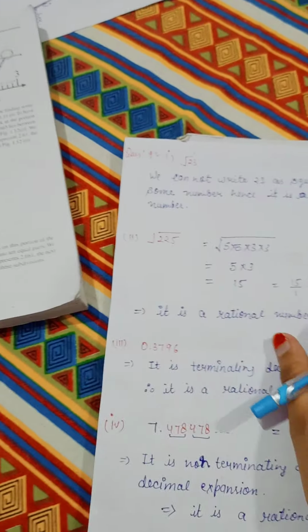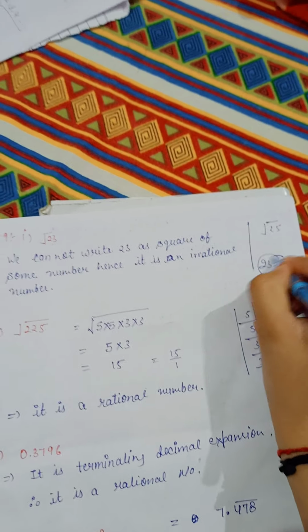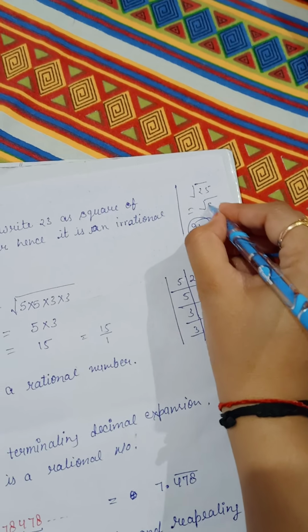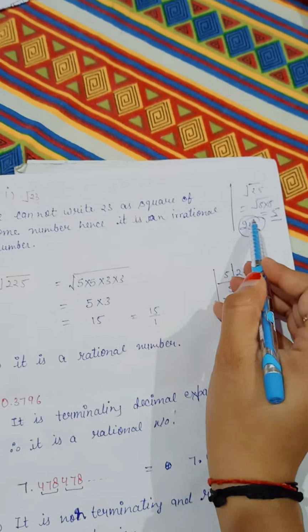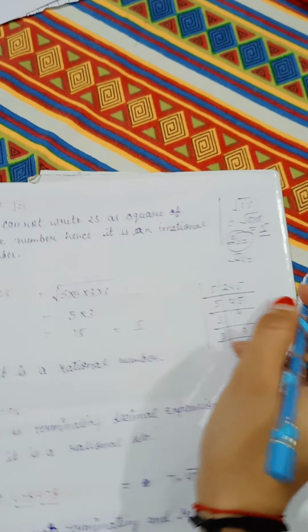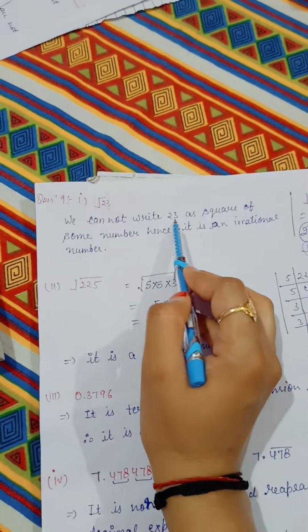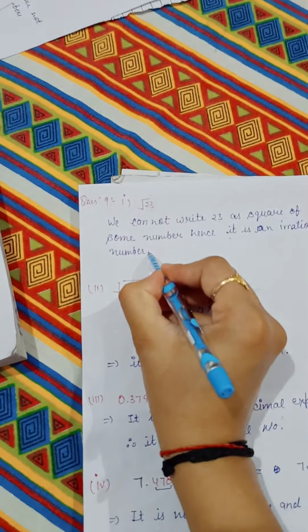We know that we cannot factor 23. If it were 25, we could write it as 5 into 5 and the answer would be 5. But under root 23 is not the square of any number, so we cannot write 23 as the square of some number, hence it is an irrational number.